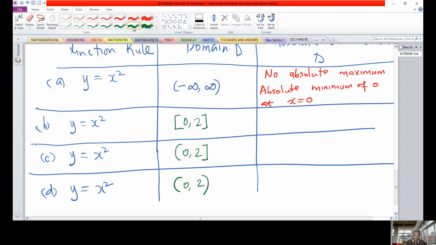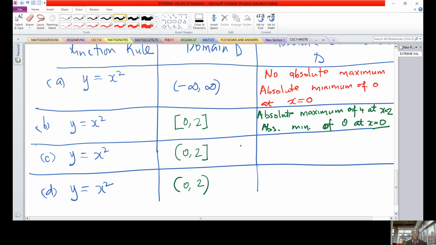And then when you define from 0 to 2, absolute maximum of 4 at x equals 2, and absolute minimum of 0 at x equals 0.